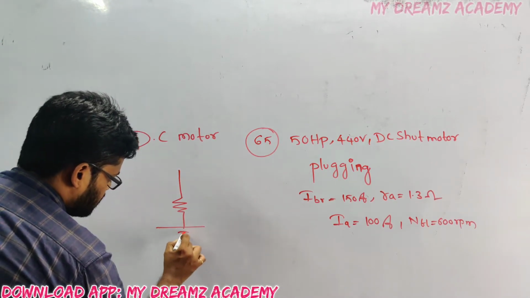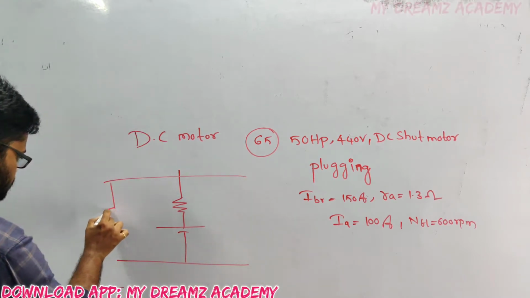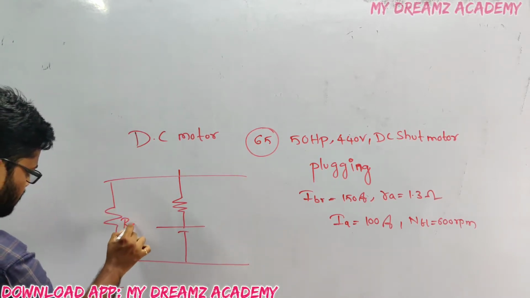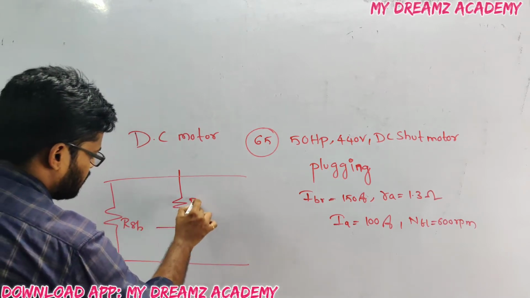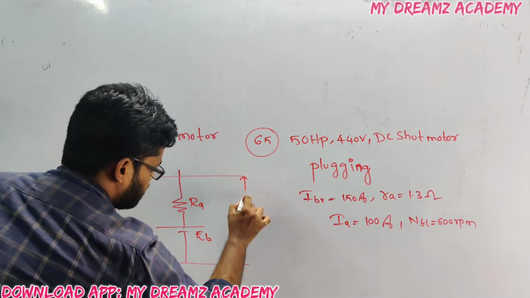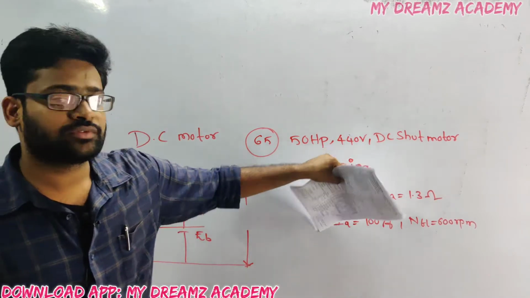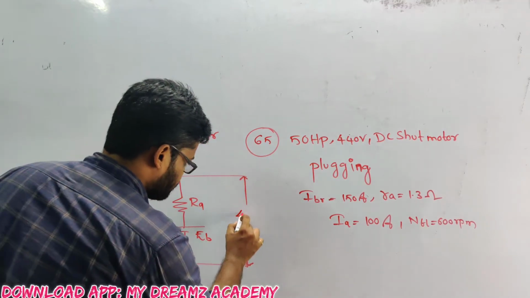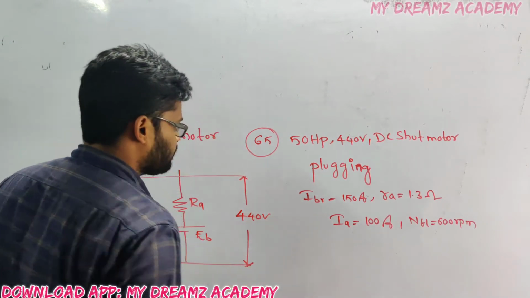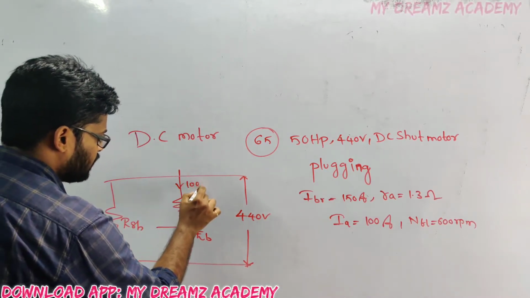DC shunt motor circuit diagram. This is R_SH and R_A, and this one is the back EMF and supply voltage. Here the supply voltage is given as 440 volts, and the armature current is 100 amperes.